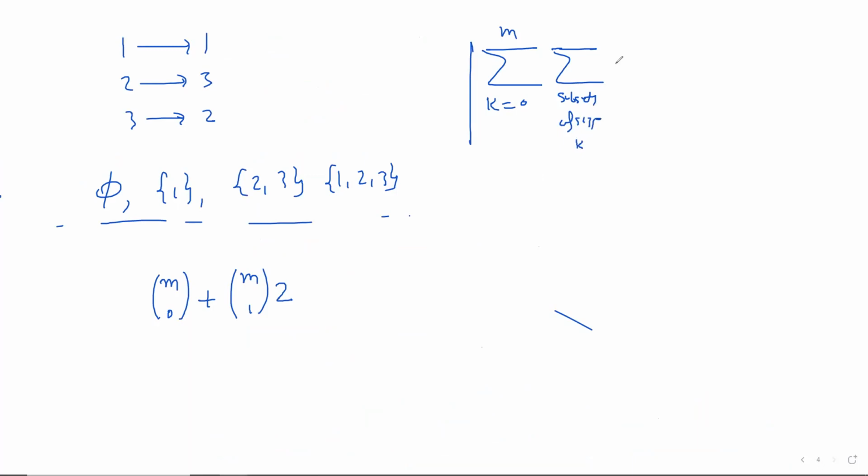Given a subset, you have that thing, some powers. Yeah, this is very strange. Can you prove that this is an even number?